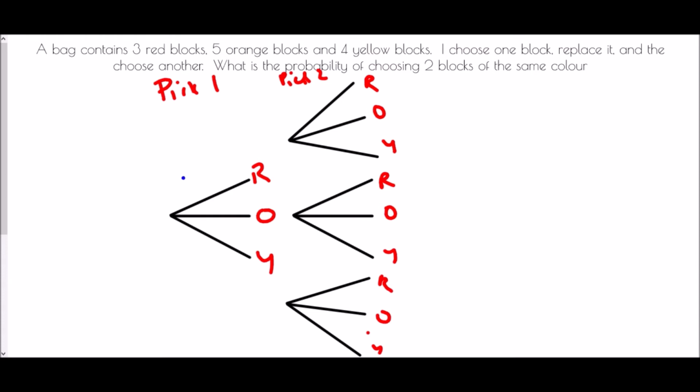So red was 3 out of 12. Orange was 5 out of 12 and yellow was 4 out of 12. Now because I replace the blocks, I put them back in the bag, that means that the probabilities don't change in the second pick. So again, it's 3/12, 5/12 and 4/12, and the same on the other branches.